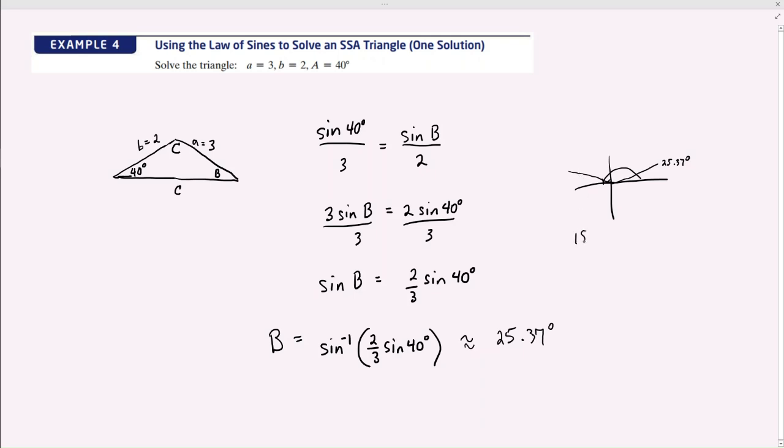So if we took 180 minus 25.37, we find another place that has the sine that we're looking for, and that turns out to be about 154.6 degrees.